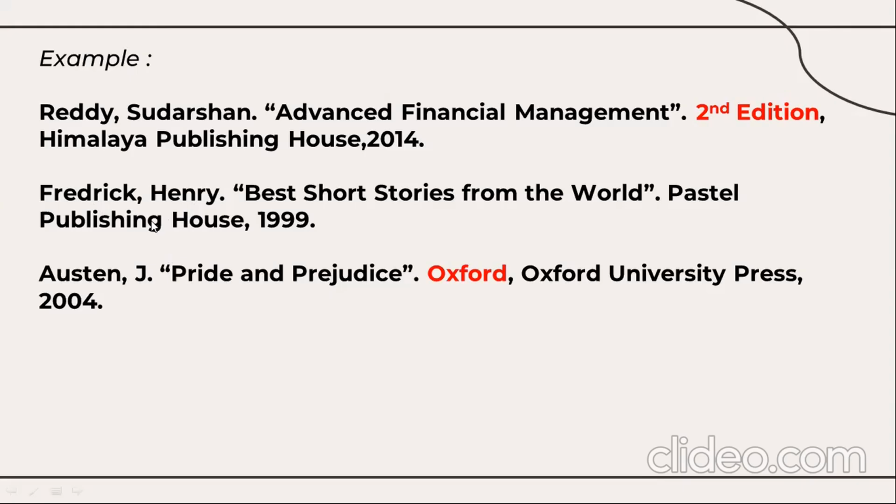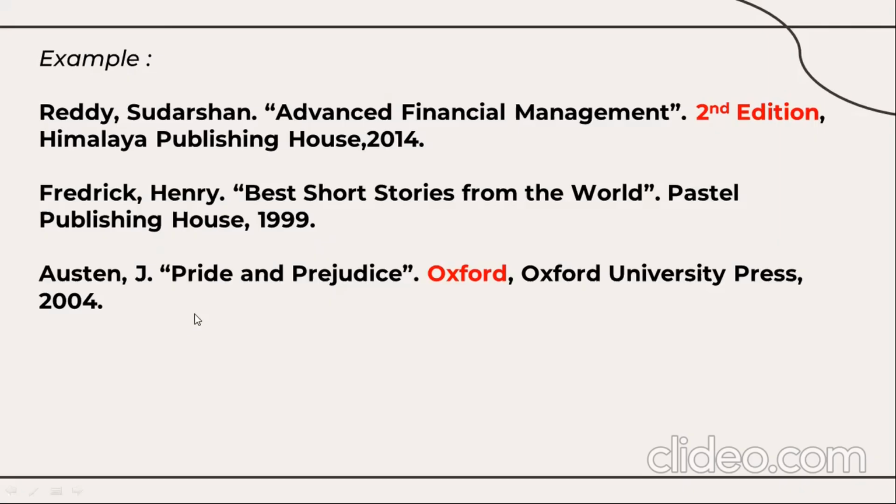So last name and the first name should have the comma. So last name Frederick, comma, Henry, full stop. Best Short Stories from the World, that's the book name, and it should be in the inverted comma, full stop. Then Pastel Publishing House, the publisher, comma, 1999, full stop.